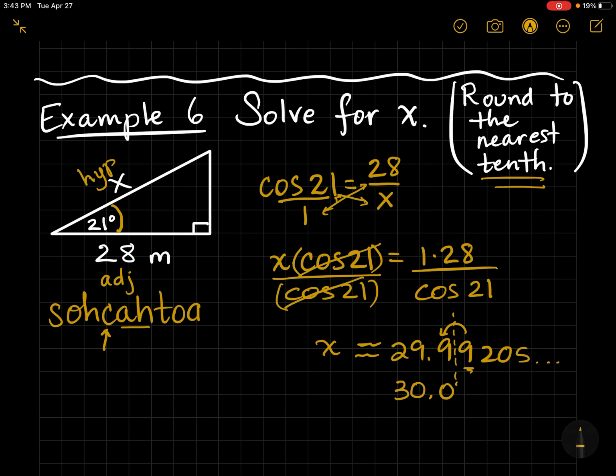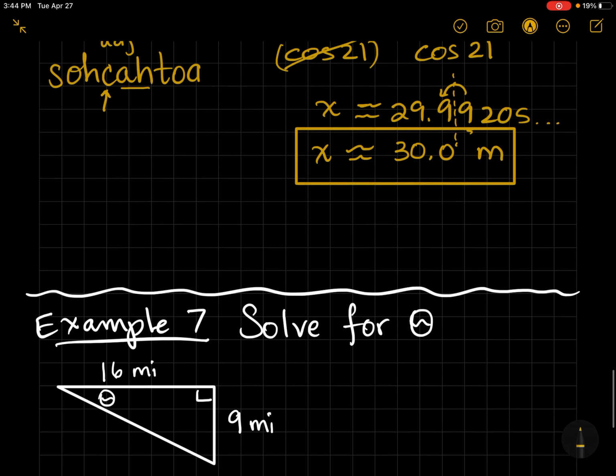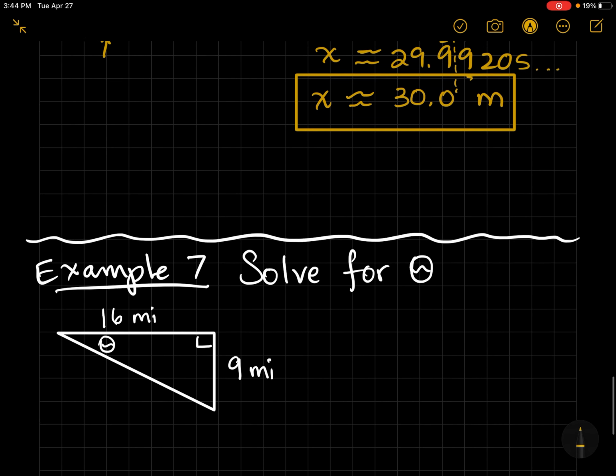This shows the accuracy, so make sure you do that. So x is approximately 30.0 meters. And you'll learn more about specific digits and more about rounding.